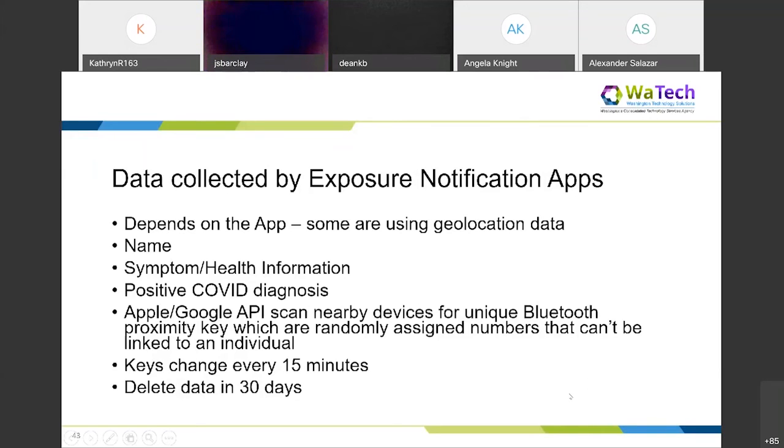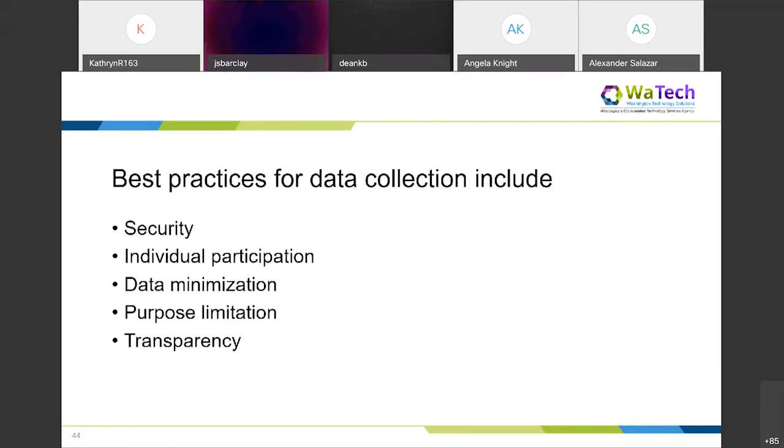So some of the best practices for the data collection would include security, so implementing reasonable, sorry, I'm on the next slide, Angela. Implementing reasonable physical, administrative, and technical safeguards, ensuring individual participation, which means obtaining consent from the people who choose to use the app. And then for data minimization, collecting only the data that's actually needed to accomplish the intended purpose.